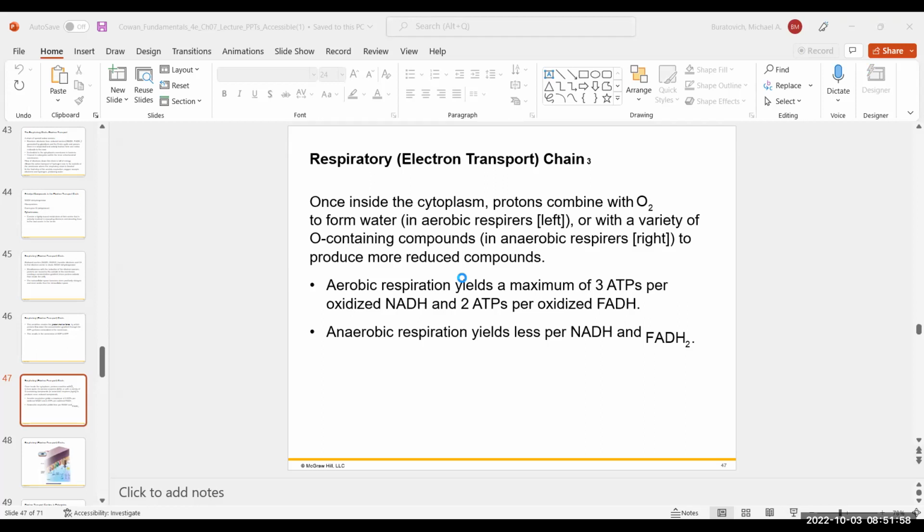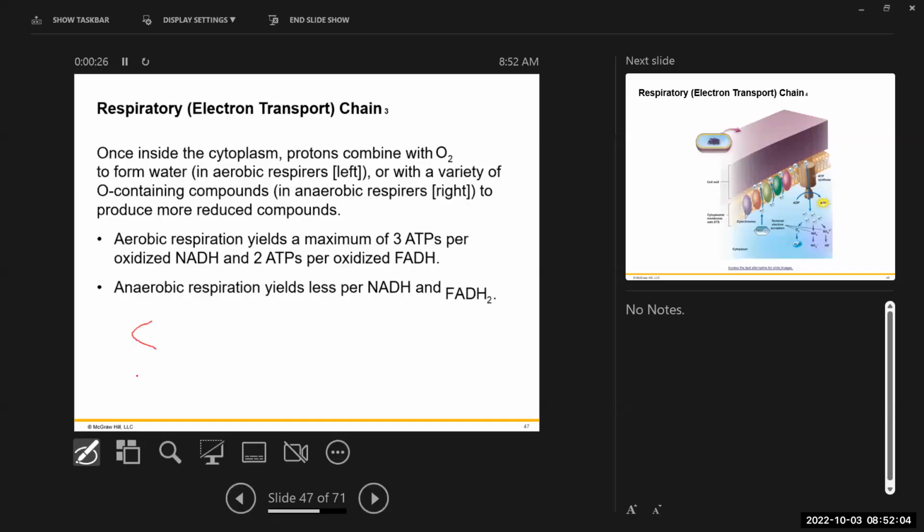And then an exquisitely oxygen sensitive process is sulfate reduction, where you take sulfate, SO4 with a charge of -2.